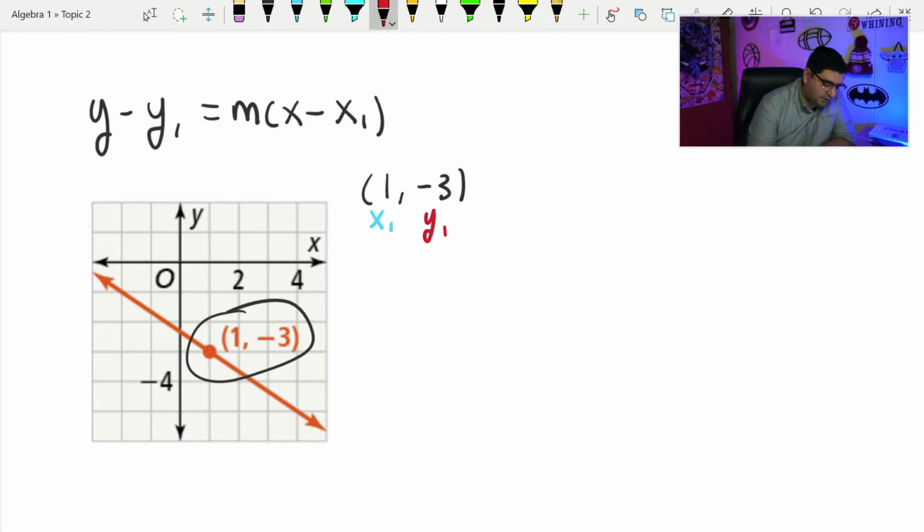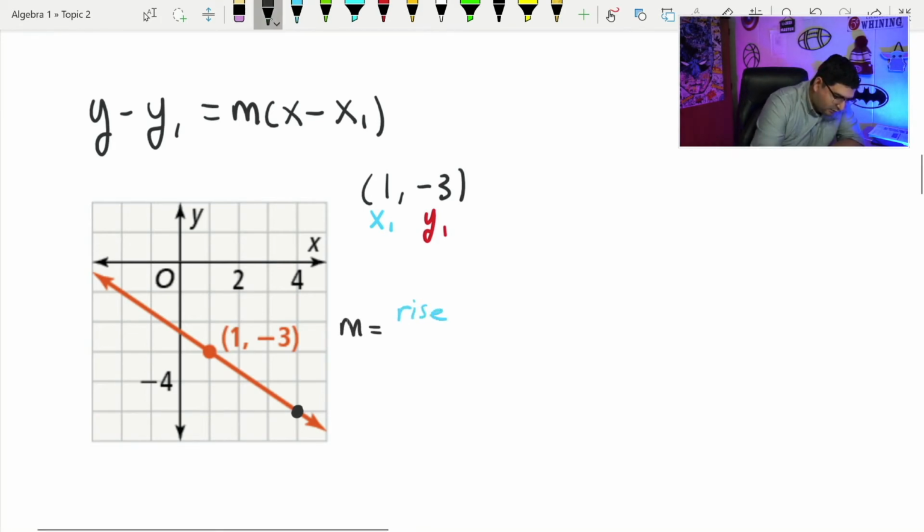And again, I'm just going to search for another point on the graph. I'm going to choose this point right here because again, it crosses these grid lines rather nicely, which is going to make it easy to count my rise and my run. So again, I write my equation for my slope, which is rise over run.